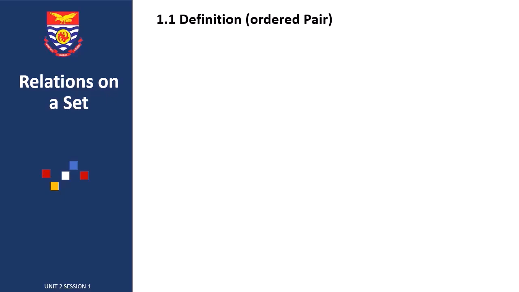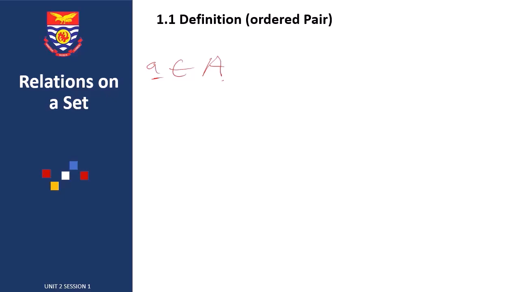So if small a belongs to the set capital A, then a is an element of the set A. We denote that, and we talked about this in level 100, level 200. So in this particular course, we are looking at the relations on these sets.